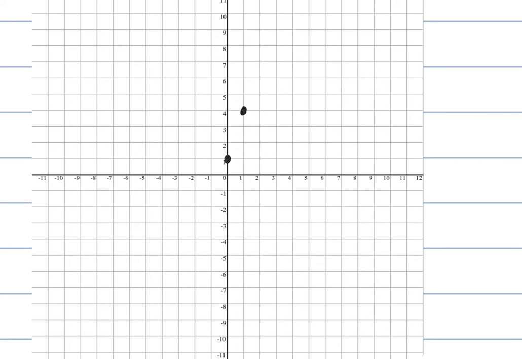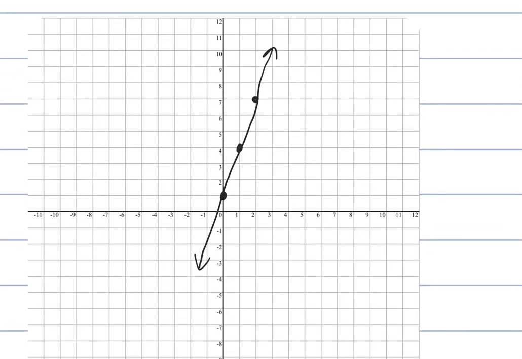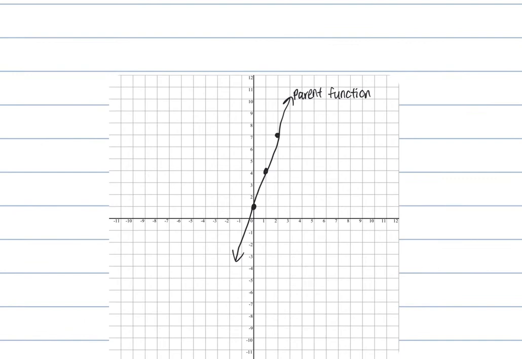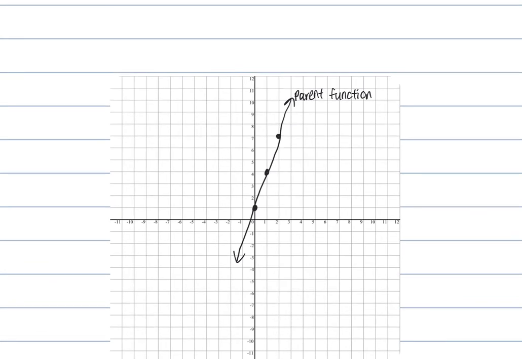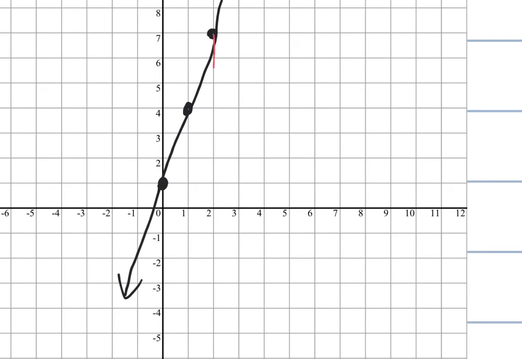So let's do it one more time, and we should get these 3 points. Okay, let's label this our parent function. And then I'm moving everything down 2 units. How many groups moved everything down 2 units and your transformation looked like this?